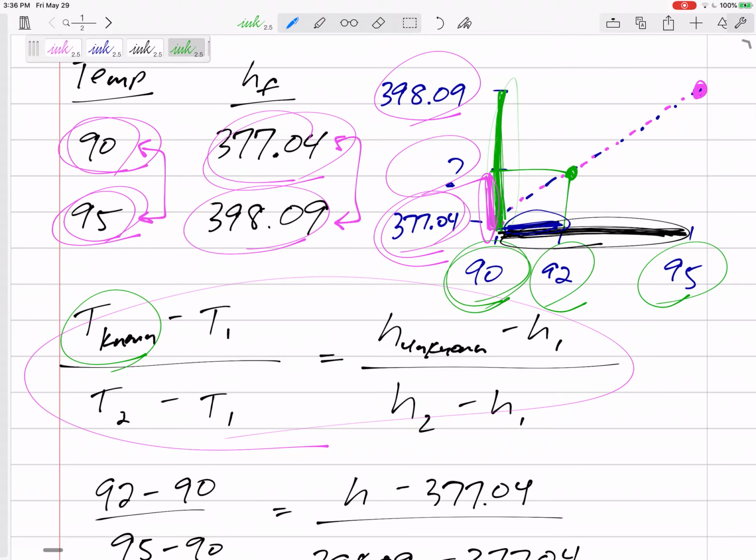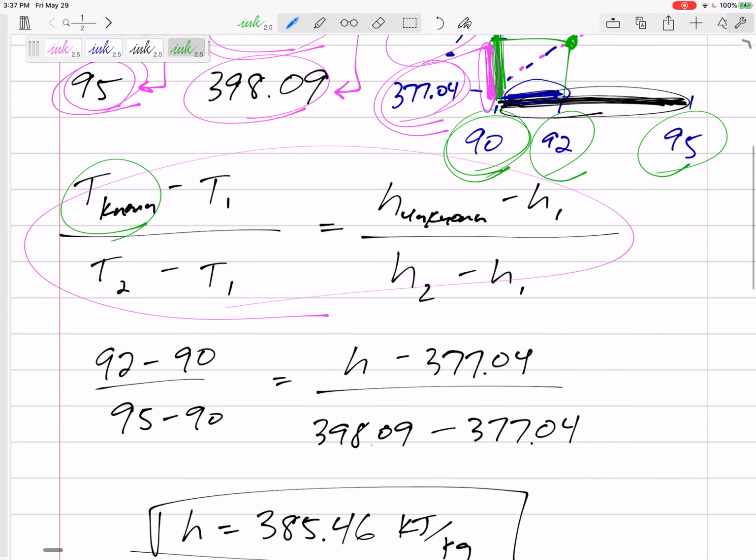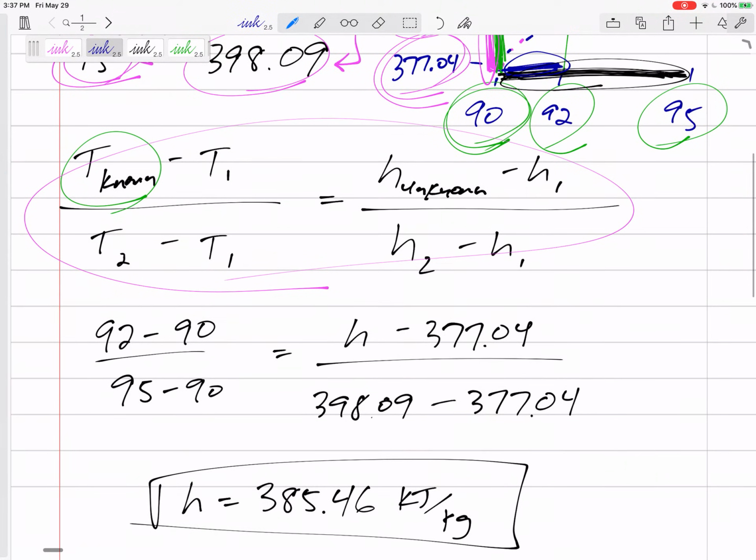Or you could say black divided by green equals blue divided by pink. You have to stay consistent. Here's the thing that I do just to make sure. The left-hand side of my equation, I just make sure that corresponds with that.